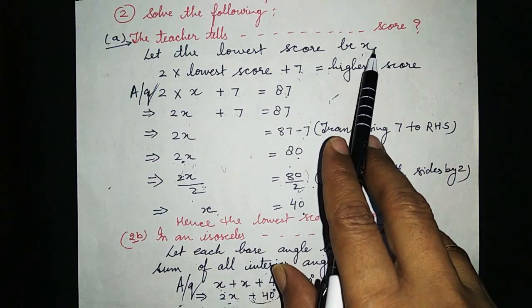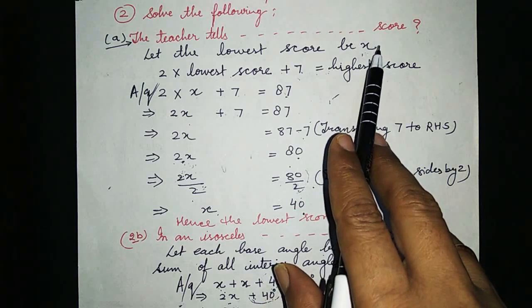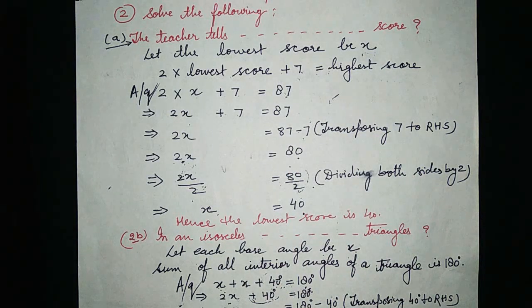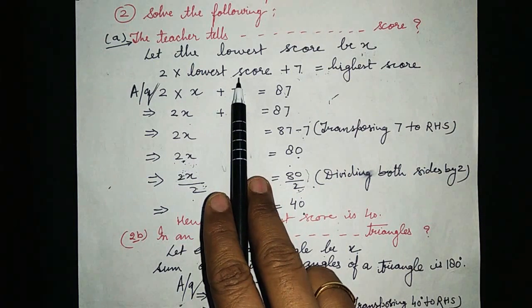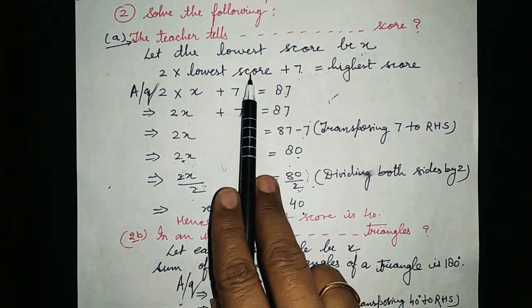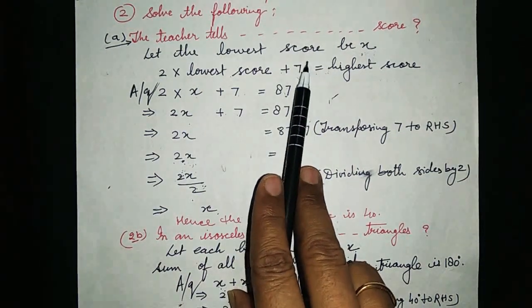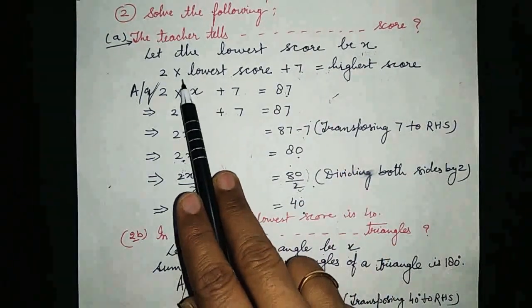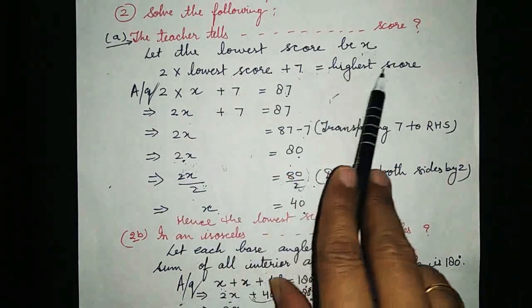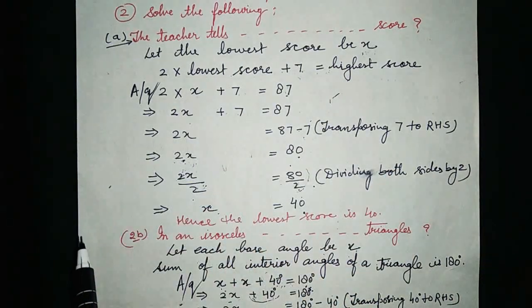In the question you have seen that the highest marks obtained by a student in her class is twice the lowest marks plus 7 and the highest score is 87. So according to this sentence we will make the equation.